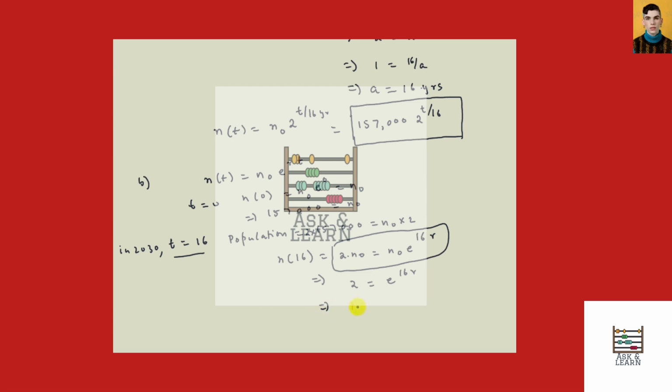This implies that ln 2 is equal to 16r times ln e, but ln e is 1, so it is 16r. This implies that r is equal to ln 2 by 16, and up to 4 decimal places, it is 0.0433.